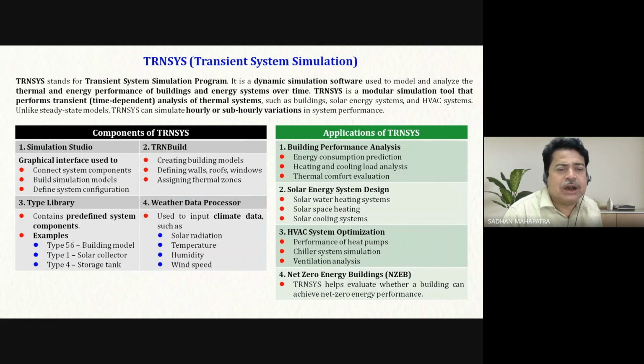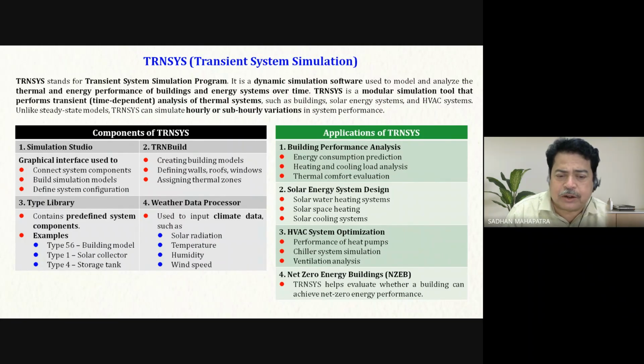The components of TRNSYS: Simulation Studio, that's the graphical interface used to connect the system components. Build, to create the building models, defining the wall, roof, and windows. Type library: there are predefined system components like Type 56 building model, Type 1 solar collector, Type 4 storage tank.